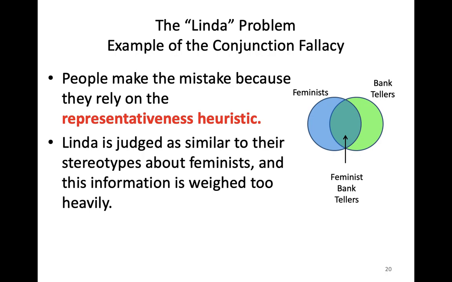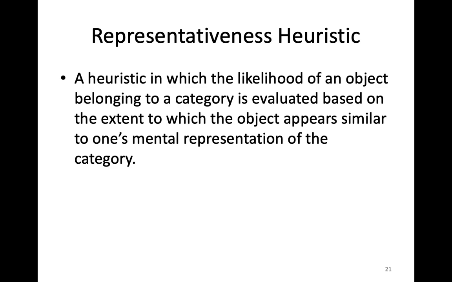That description just made Linda seem so representative of a feminist. To define the representativeness heuristic, this is a heuristic in which the likelihood of an object belonging to a category is evaluated based on the extent to which the object appears similar to one's mental representation of the category.